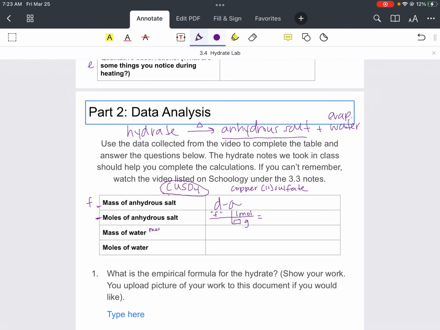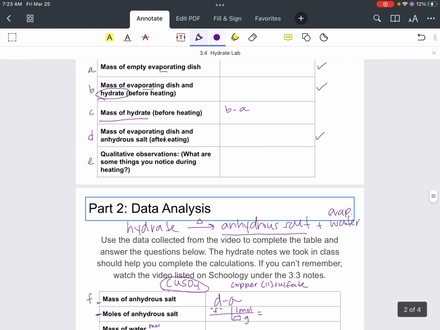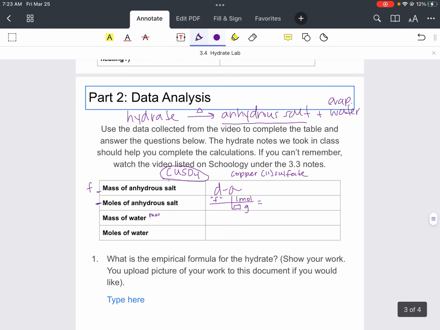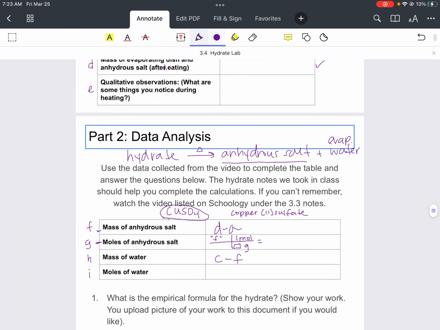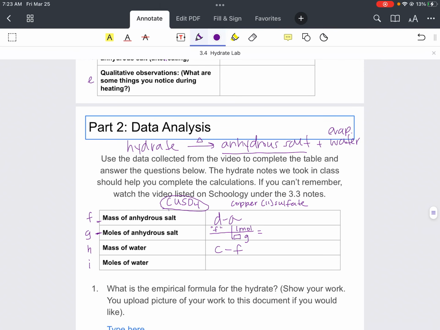So we'll take the mass of hydrate, which we have in box letter C, and then we can subtract the mass of our anhydrous salt. So F, G, H, I, these are the rest of my letters. In order to find the mass of water, I'll just take the mass of my hydrate and subtract the mass of my anhydrous salt, and that should leave me with just the water.